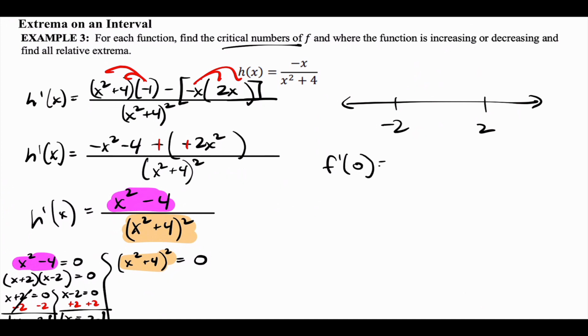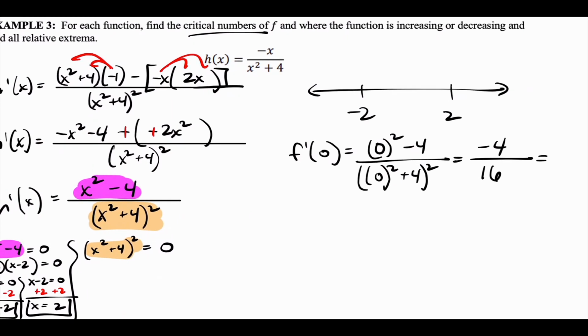So plug in numbers in between to the first derivative because it's called the first derivative test. I get -4 over a positive answer, positive 16. That equals a negative number.